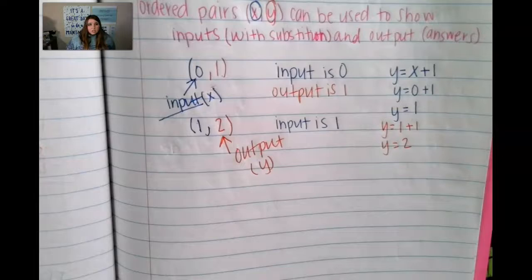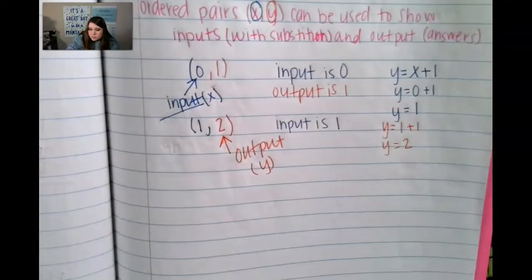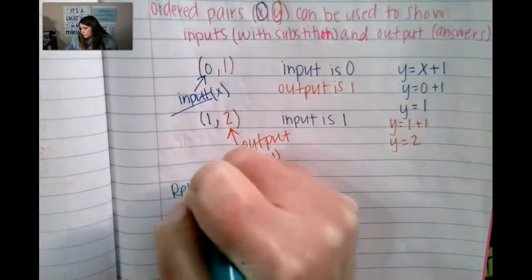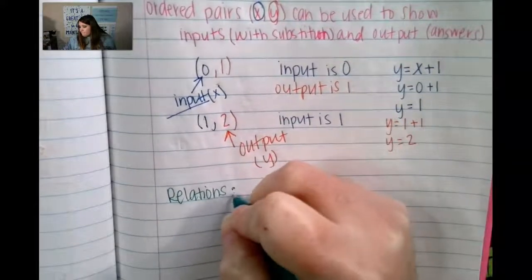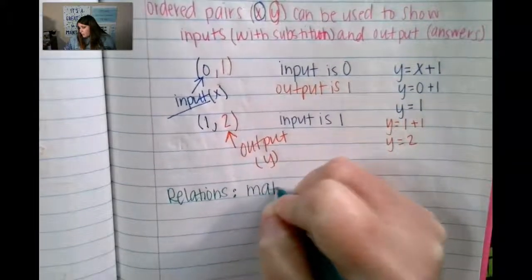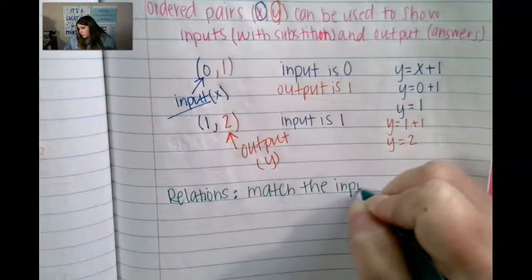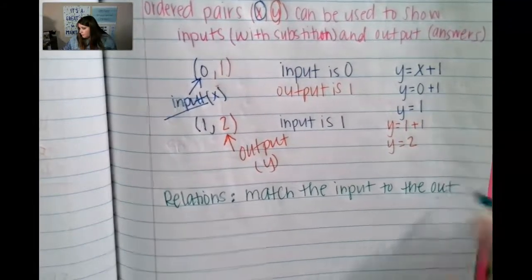So a relation matches the inputs and the outputs. So let's do our next. Relations match the input to the output.